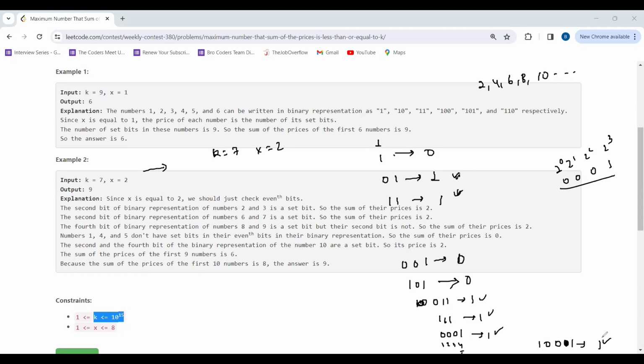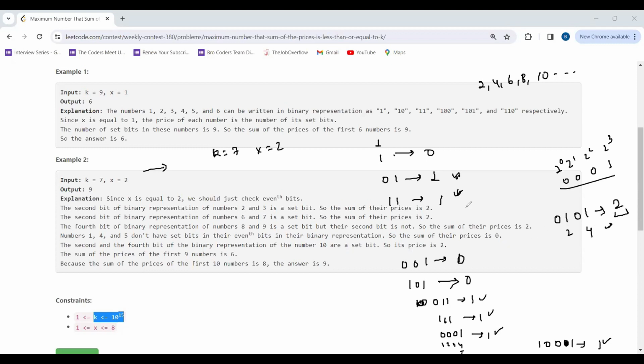6. Now let's try another element. Let's try 10 also, since we have reached till 9. 10 is 0, 1, 0, 1. How many bits will 10 contribute? 2, because the second bit and fourth bit are set, so it will contribute 2 to the price.